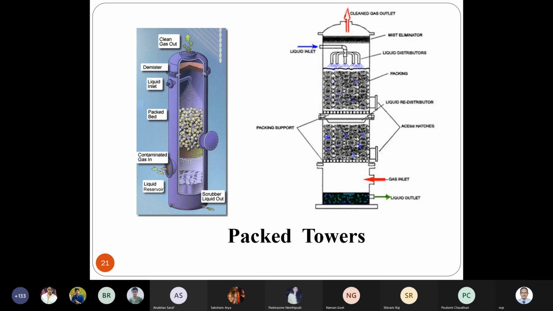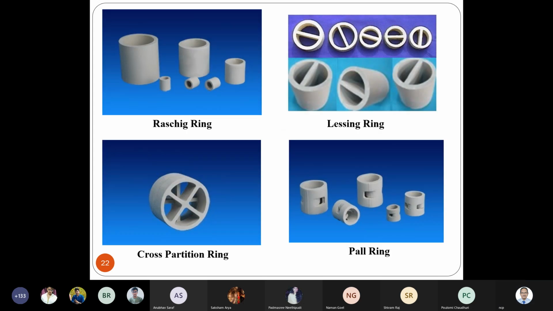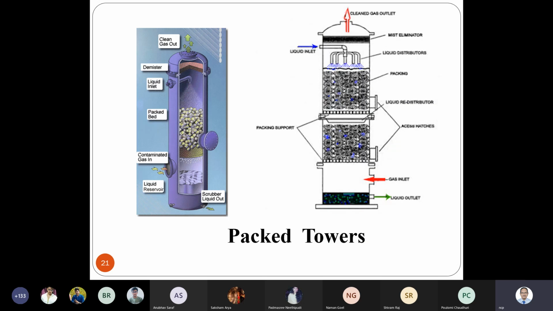Then coming to this, I mentioned that these types of towers are roughly classified into two types. Basically, the randomly packed tower and the regularly packed tower. So in randomly packed towers, these packing materials are dumped from the top and allowed to fall at random.